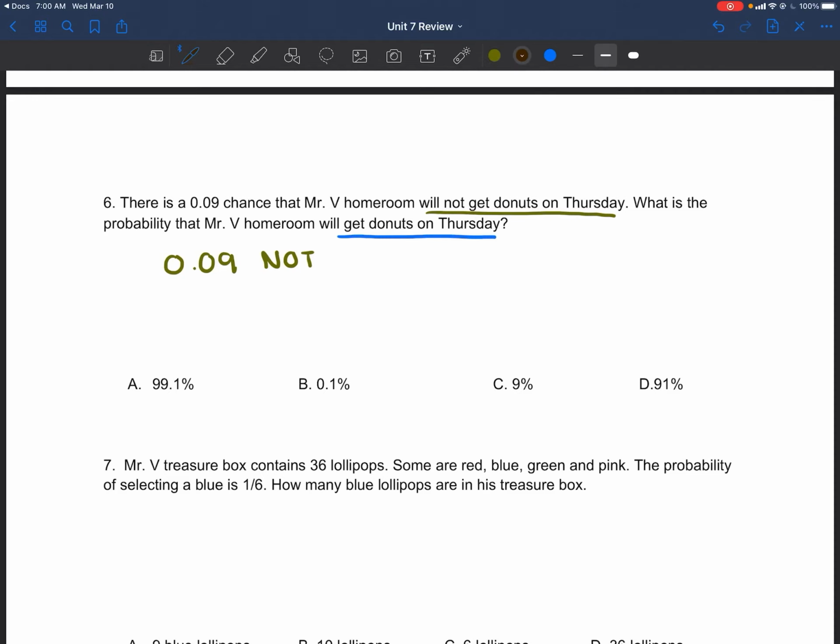Well, I always suggest to turn this into decimals. So in other words, there's a 9% chance of not getting donuts. So what percent will be for getting donuts? That's for you to find out. And remember, we always work with 100% in total.